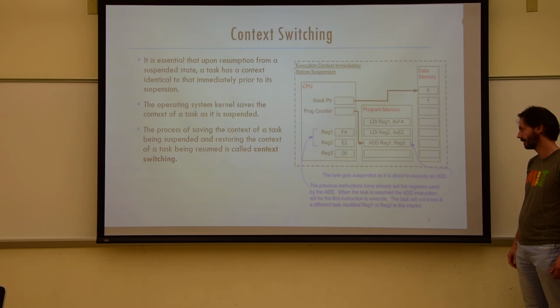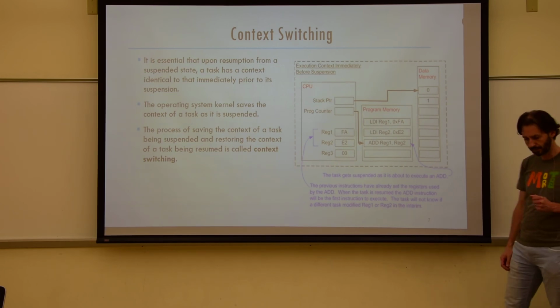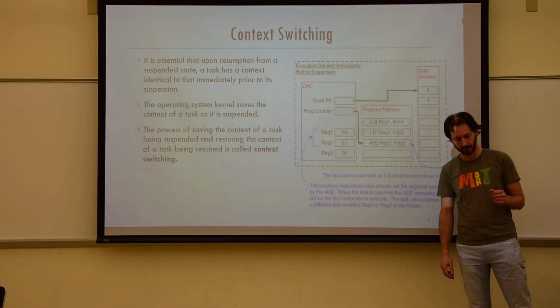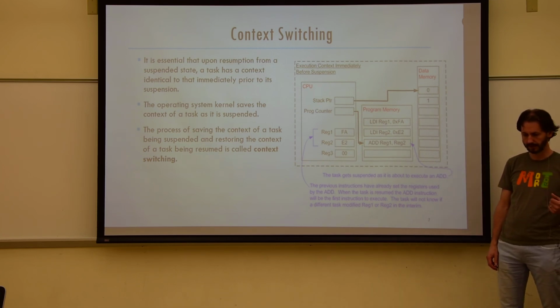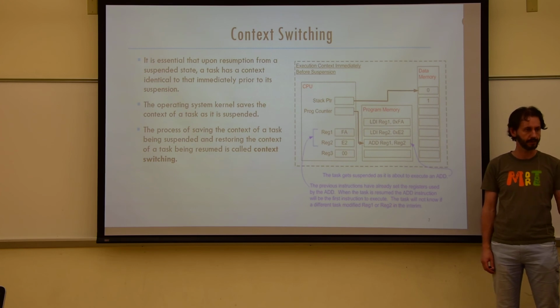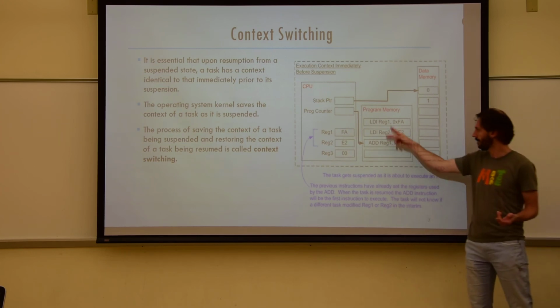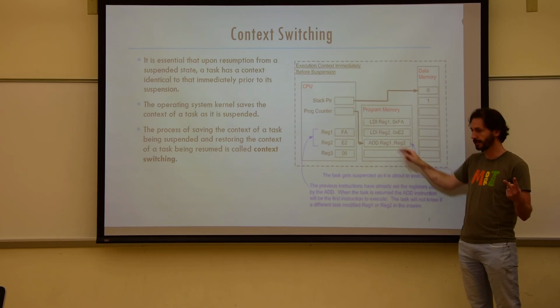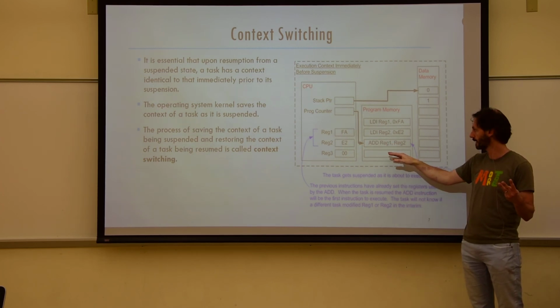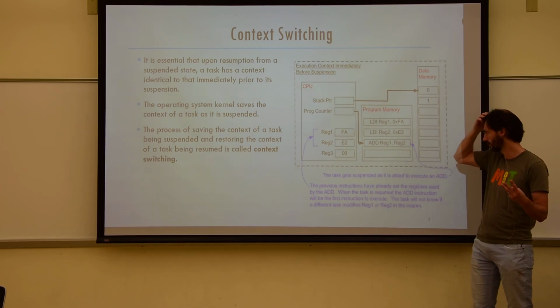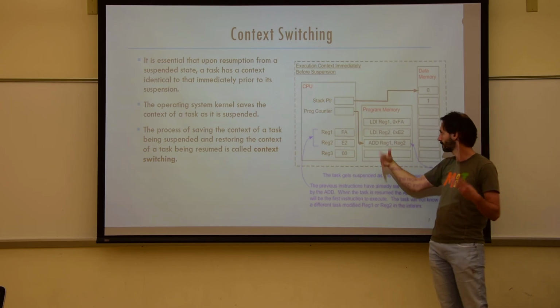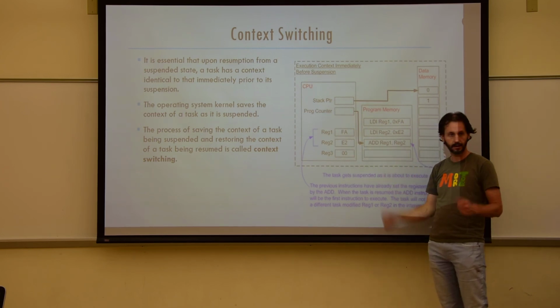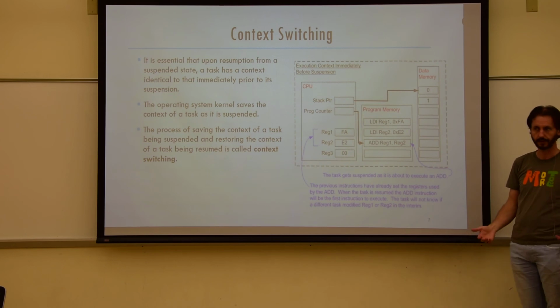Take, for example, in the C code, an instruction that looks like A becomes A plus B. Then you have to load those two values, you need to do the addition, and then you need to store that particular result into something else, for example.